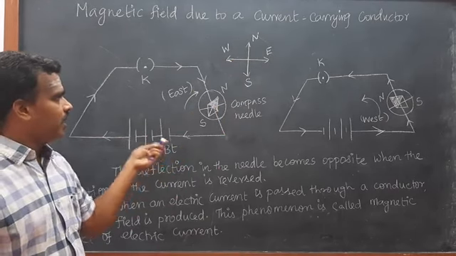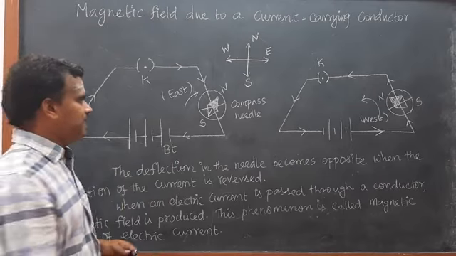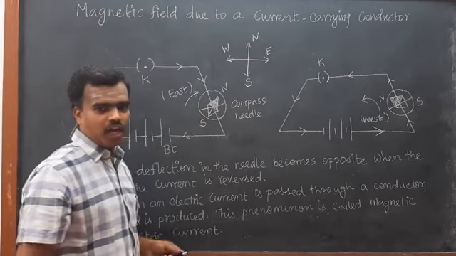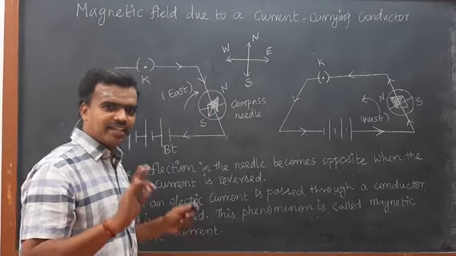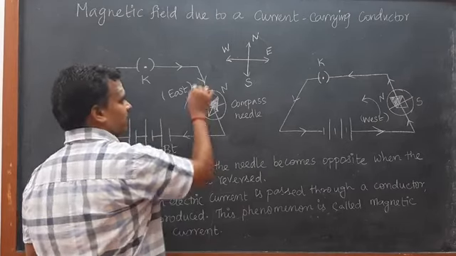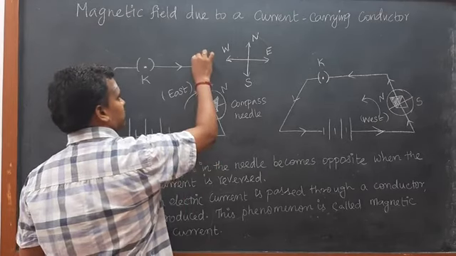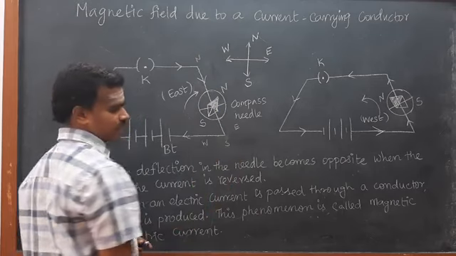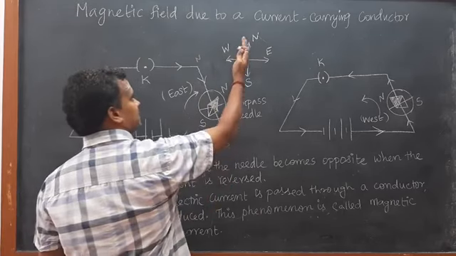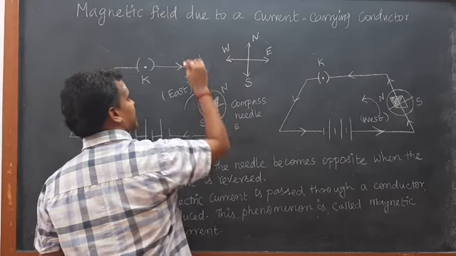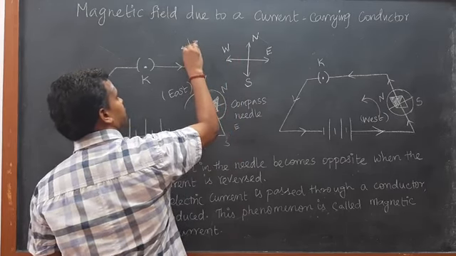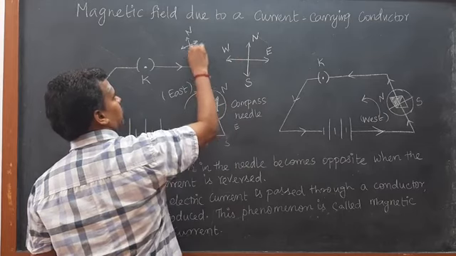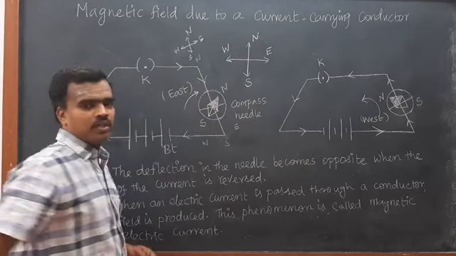Now initially I am going to place this compass needle exactly in the north pole and south pole direction. This is north, this is south, this is east, and this is west.